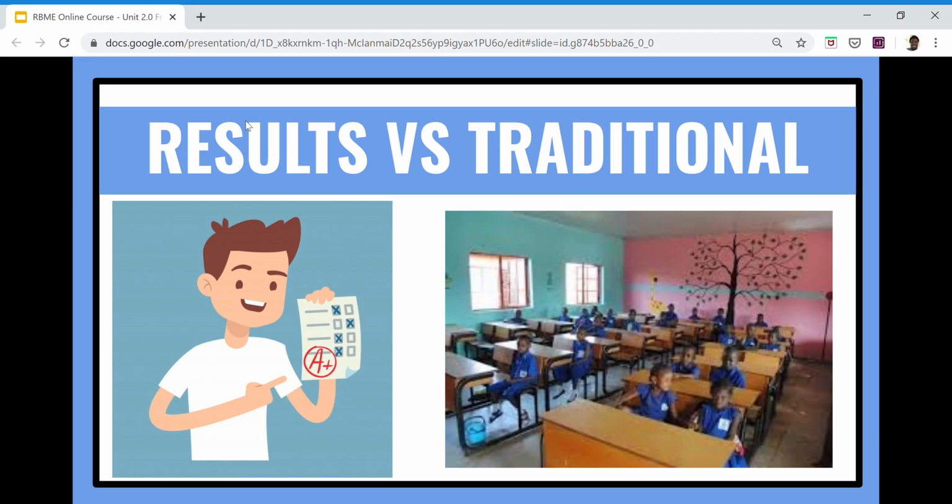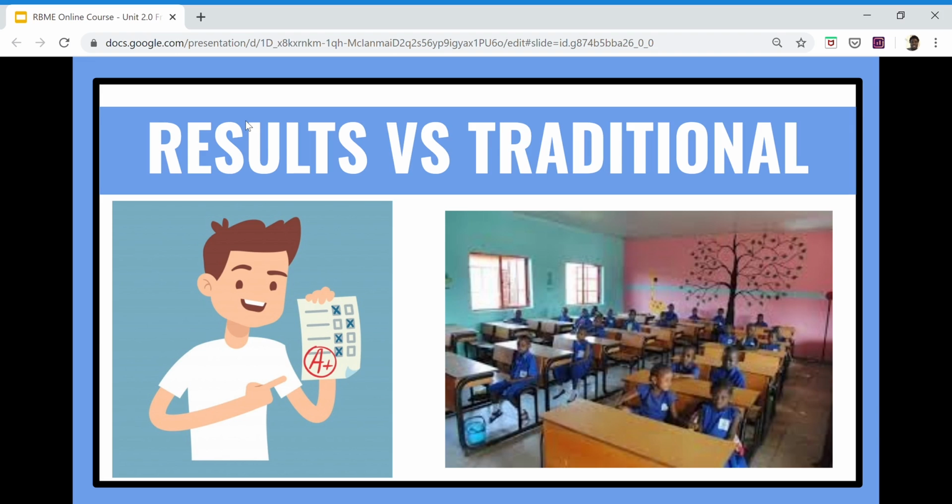But yeah, the difference between results-based and traditional M&E. When we say traditional M&E, it is when institutions and organizations are just monitoring for compliance. For example, we've been able to provide desks in classrooms. We've been able to provide teaching aids. Can we know the number of desks? Can we know if the desks are functional?